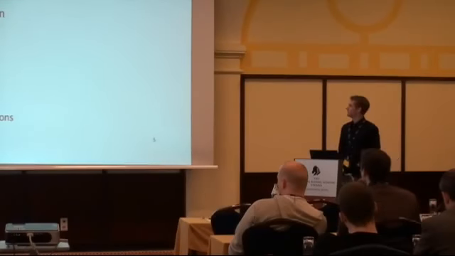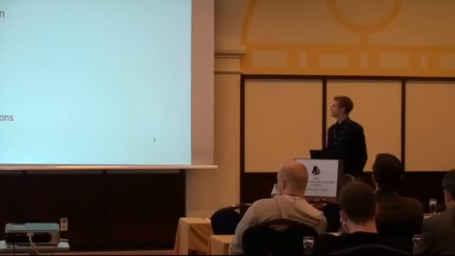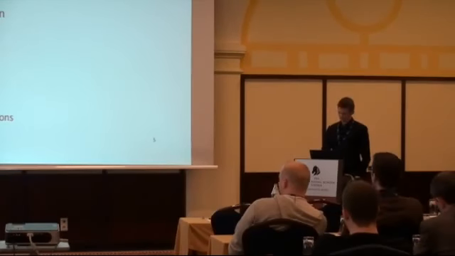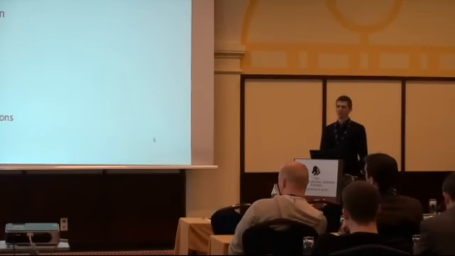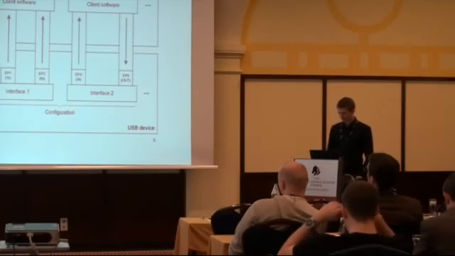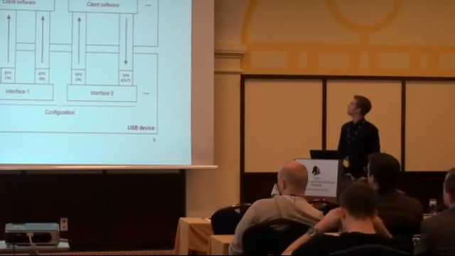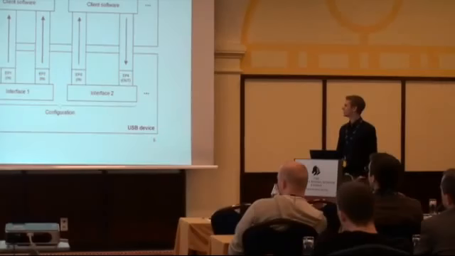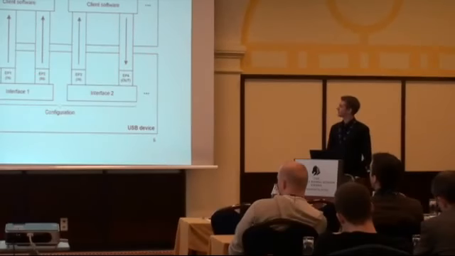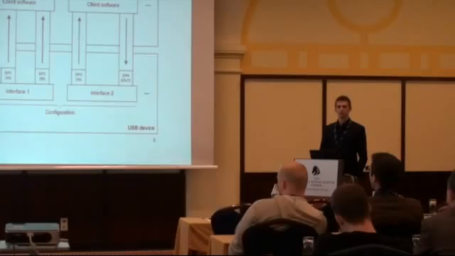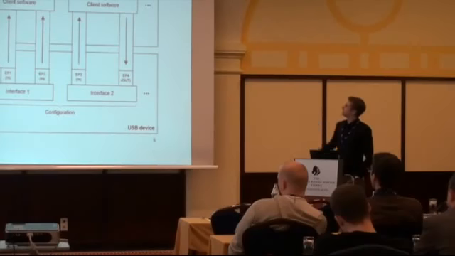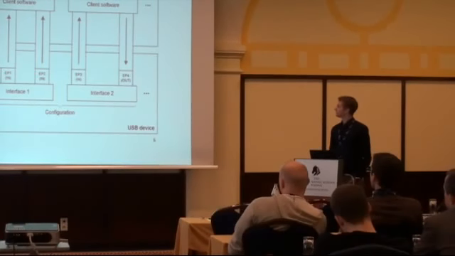And in USB, we have various concepts like endpoints, pipes, interfaces, and configurations, which are best explained using some graphic. In this case, we have a single USB host connected to a single USB device. And all the communication between the host and the device travels through so-called pipes. Each of the arrows represents a pipe in this case.